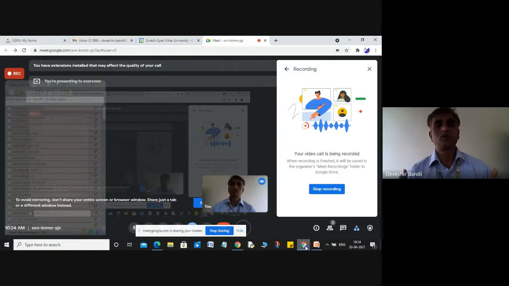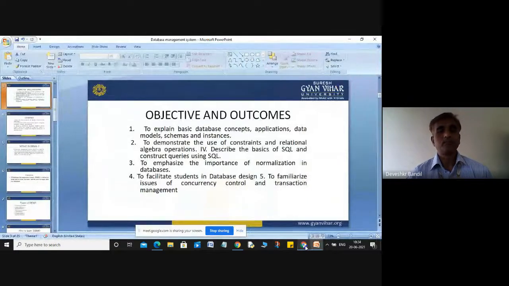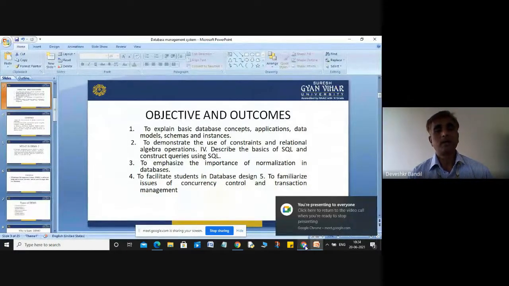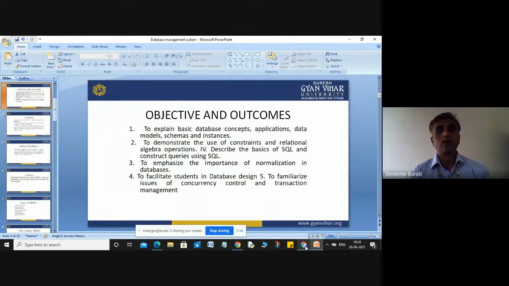Without normalization, your database is nothing. And the next objective is to facilitate students in database design and to familiarize them with issues of concurrency control and transaction management. These are the many objectives of database management system.